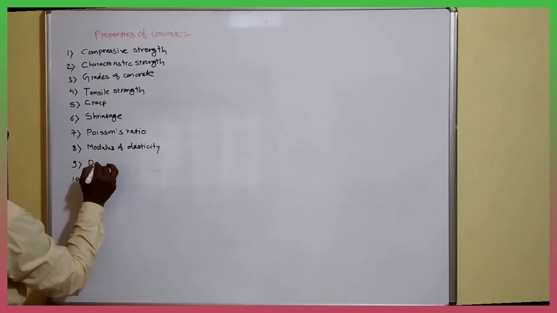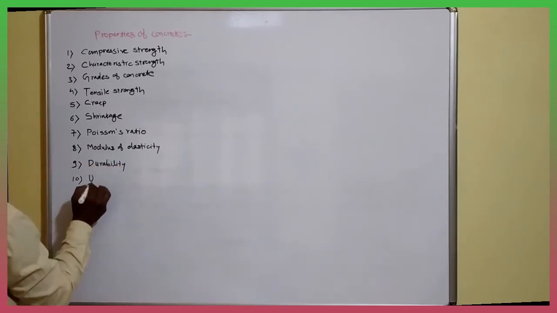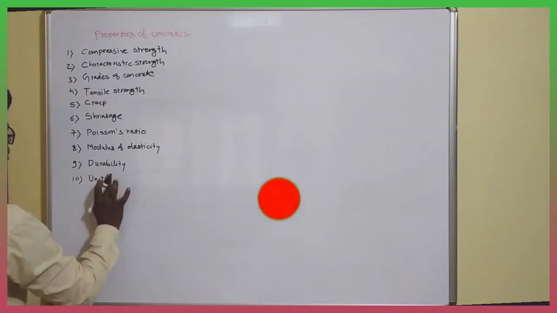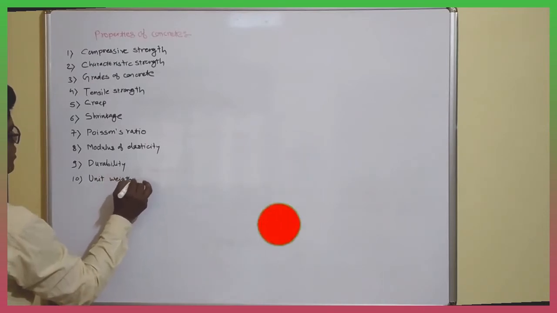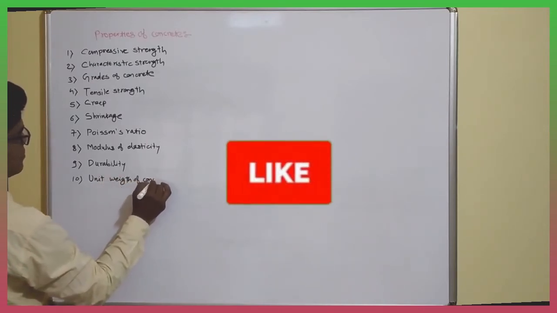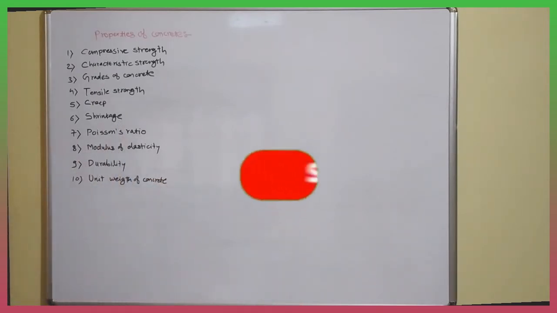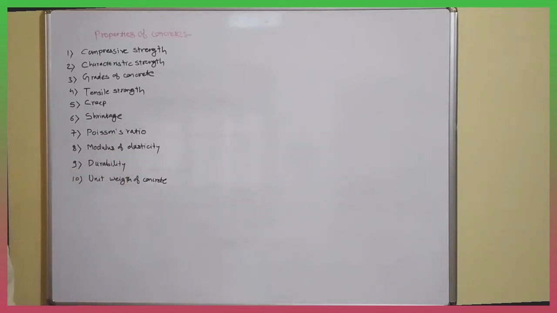D means durability. And U means unit weight of concrete. So these 10 properties we have to discuss. So one by one we will discuss these properties.